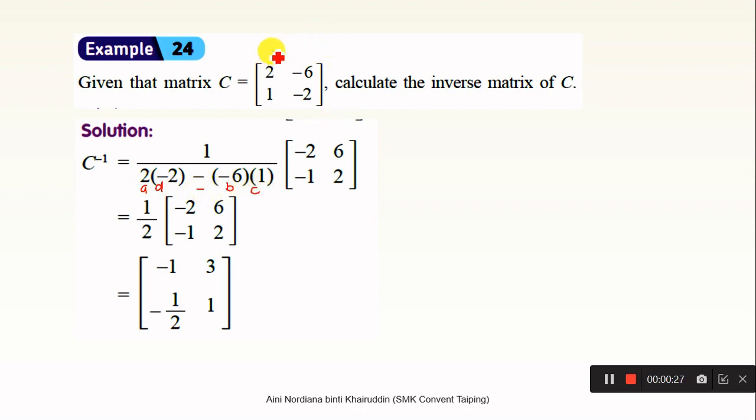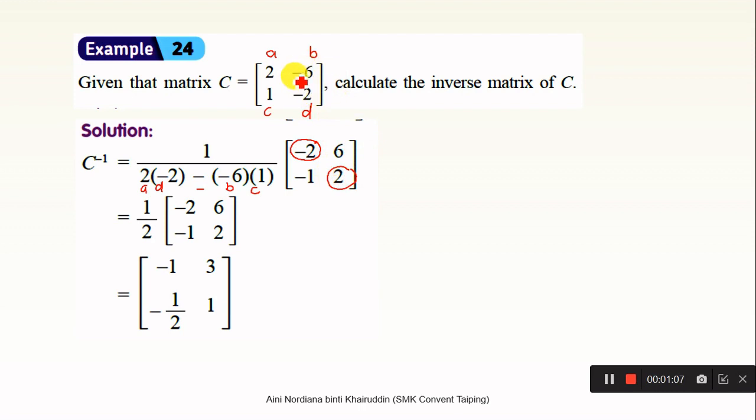Remember, this is A, B, C, and D. So A times D minus B times C. Change the position of A and D, so this is the element of D and this is the element of A. For B and C, we just add a negative sign in front of the element.